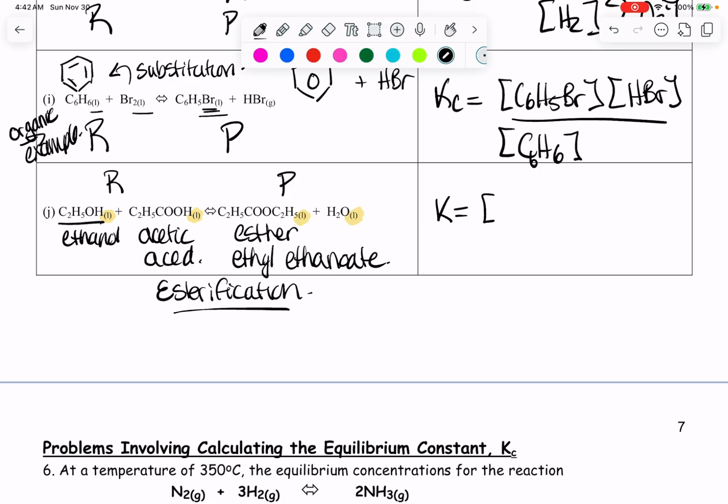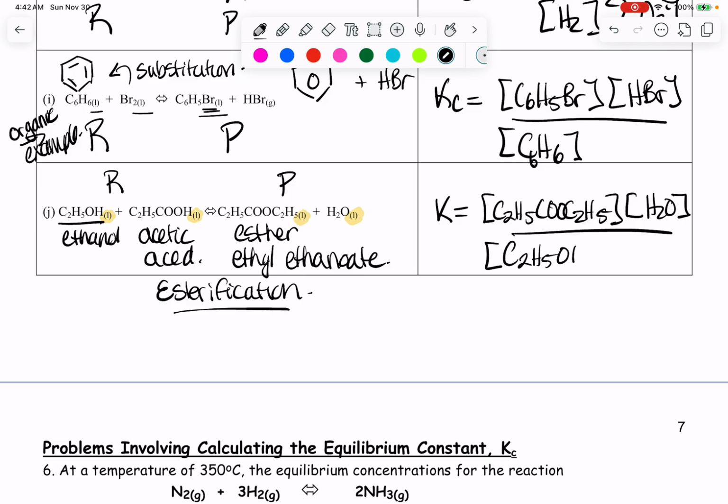So we're going to write ethyl ethanoate, C2H5COOC2H5 times H2O, because there are no coefficients in this balanced equation, divided by C2H5OH times C2H5COOH.